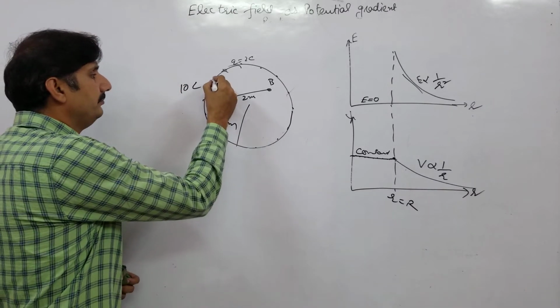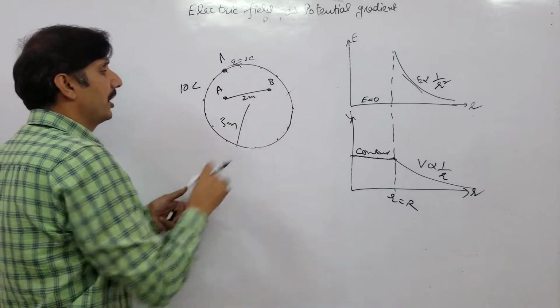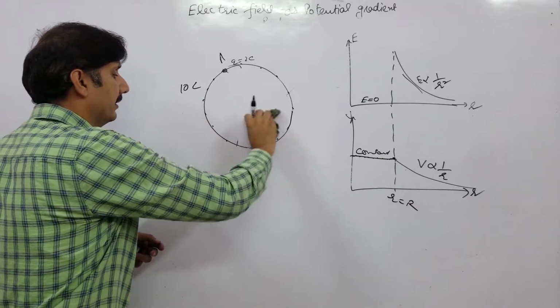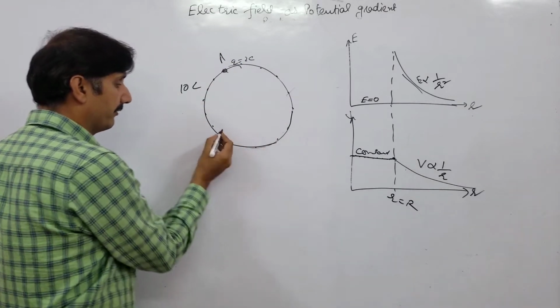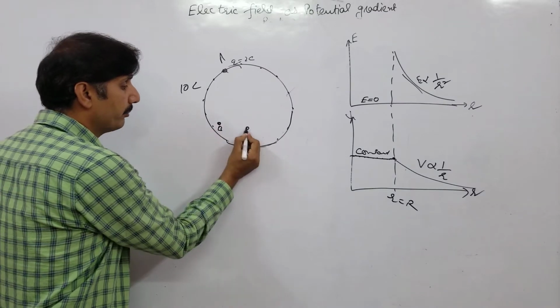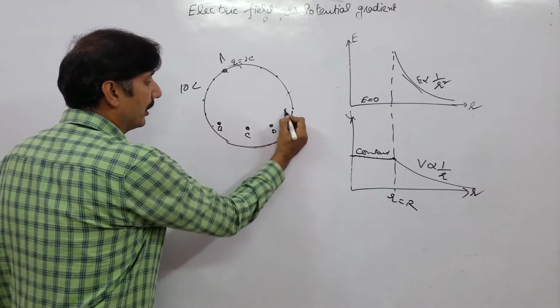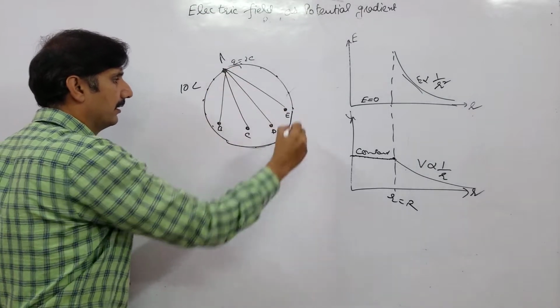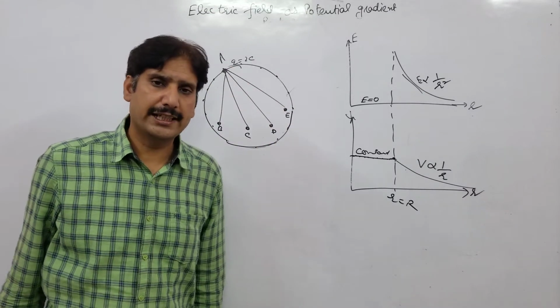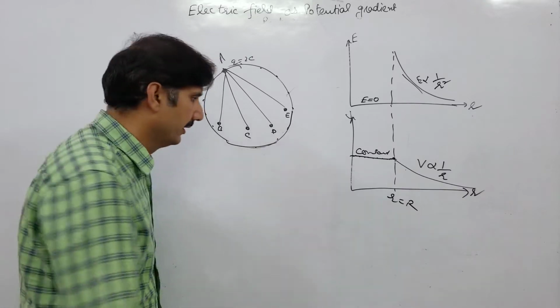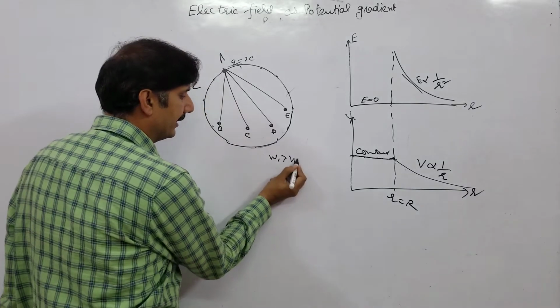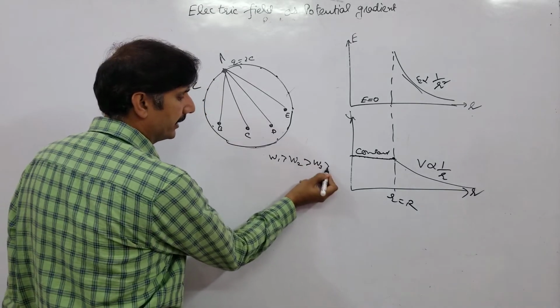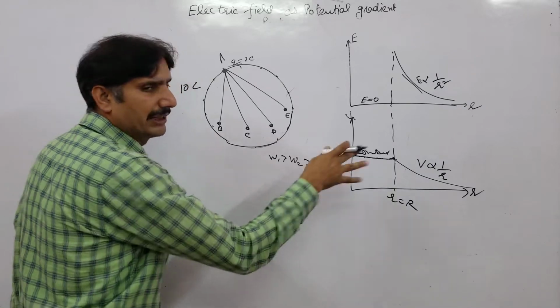Let's say from point A, the charge is taken to 4 different points: point B, point C, point D, point E, like this. In which case would the work done be more? Is W1 greater than W2 greater than W3 greater than W4, or something like that?